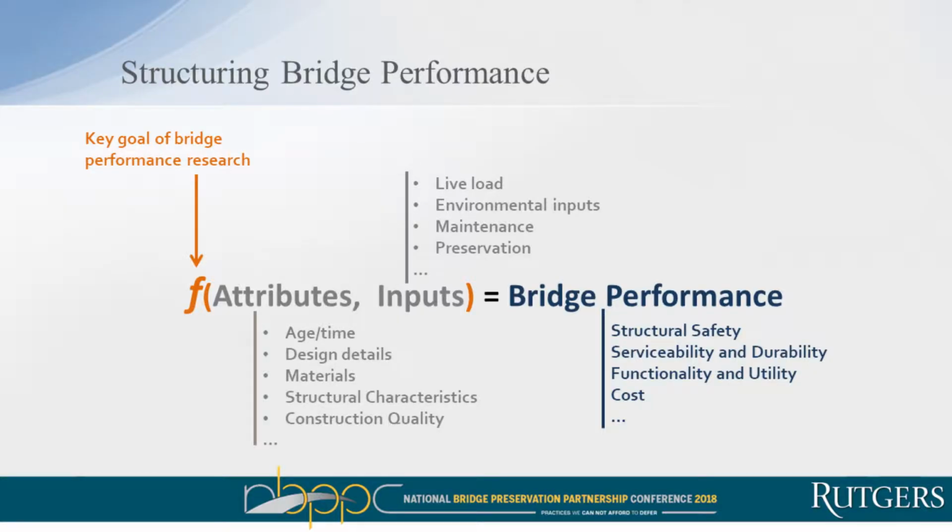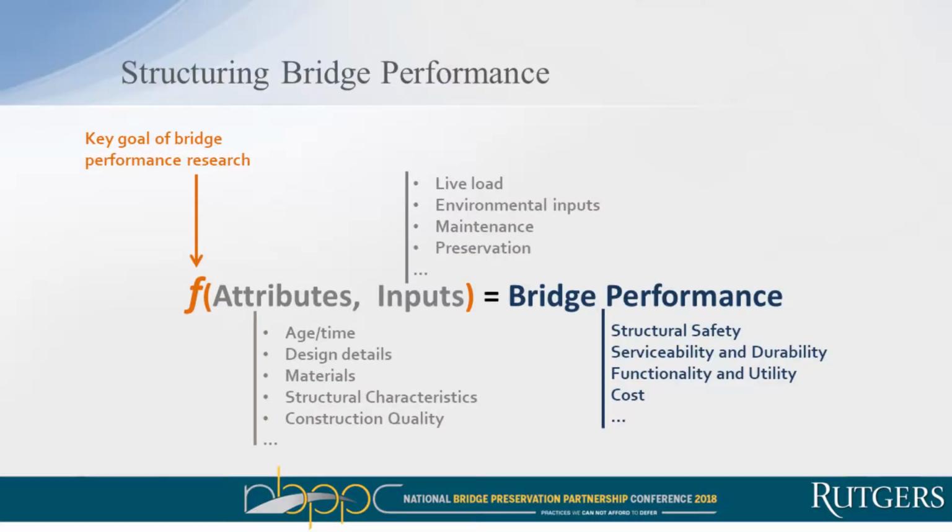So let's structure bridge performance, right? This is the way that, over the last few years, we've begun to think about it. A bridge system, or any system, can be described based on its attributes, its inherent characteristics: age, design details, materials, construction quality, all that stuff that makes up the system.